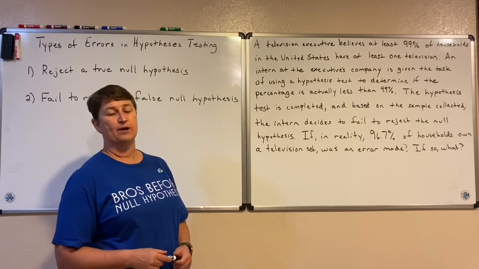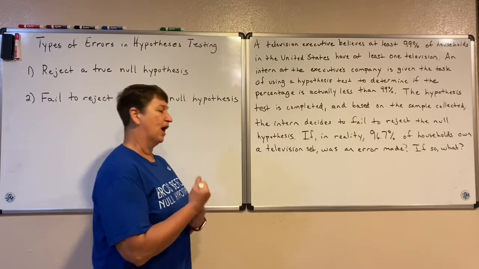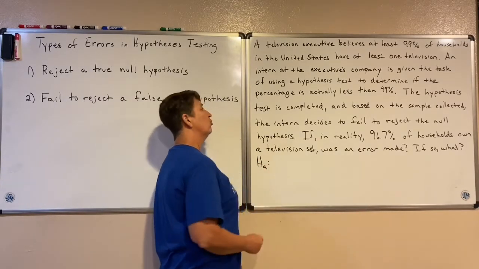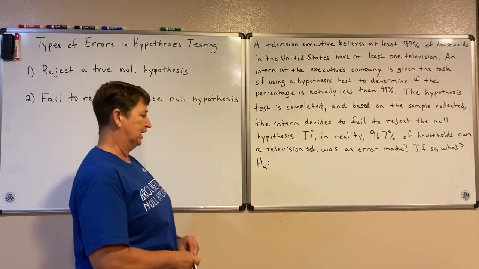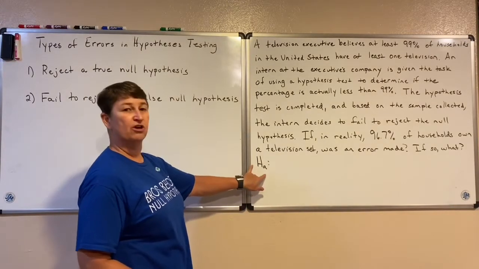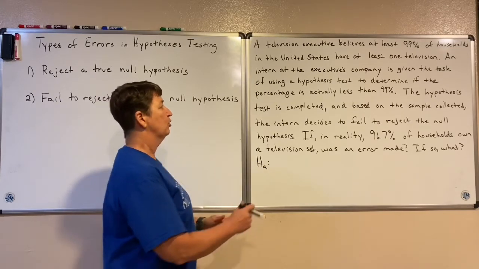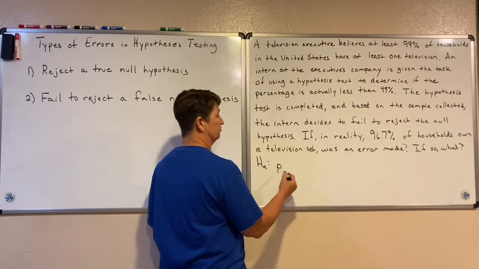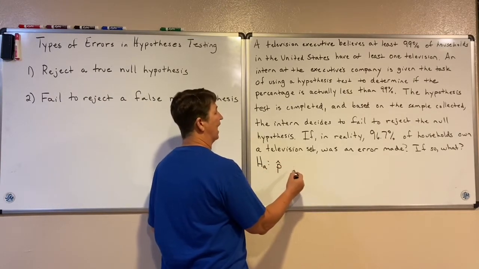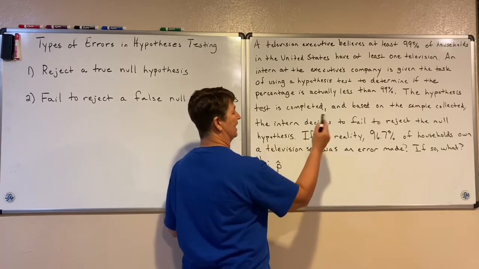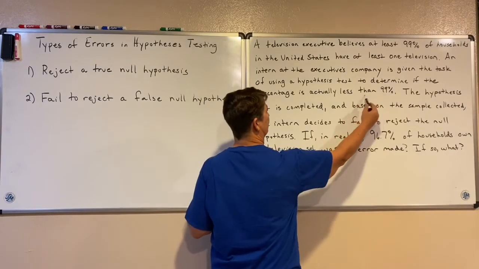If so, what? Let's first start with our alternative hypothesis. What is it that the intern is looking at? What is that intern's hypothesis? Well, we're talking about proportions since we're in percents. So that proportion is less than 99% is what they're trying to determine.